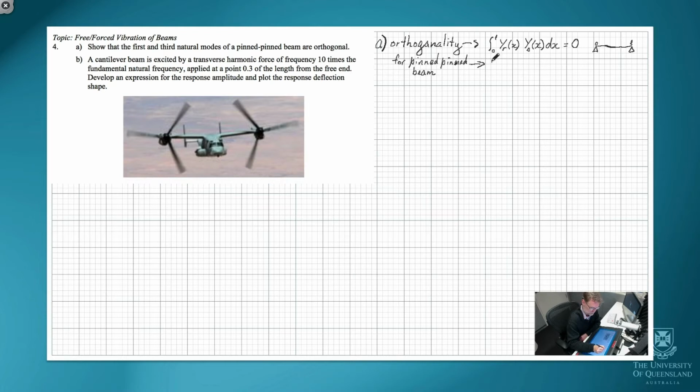From that we got the mode shapes y of n as a function of x equals c of n sine beta n times x, where beta n equals n pi on the length L. Okay, so really we're just substituting in for n equals 1 and n equals 3 into these two shapes here and evaluating that integral.